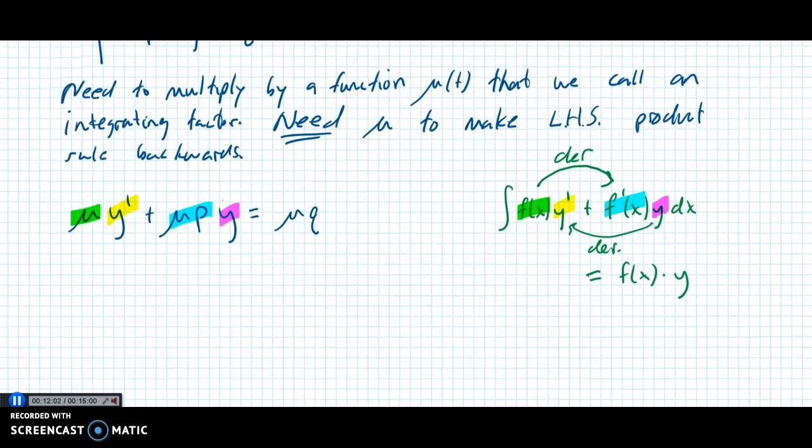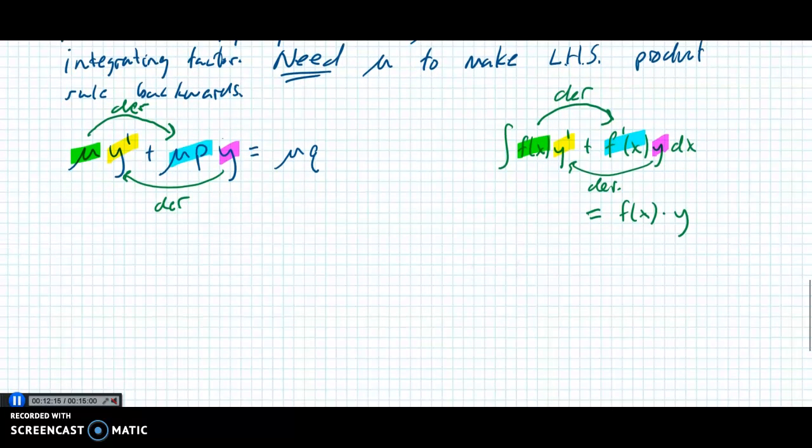So all right, let me keep going. So look here, let me do the arrows again. This needs to derive to that, because this already does derive to that. So let me write that. What that says is that the derivative with respect to time, actually I'm going to make it more simple, mu prime is equal to mu times p.